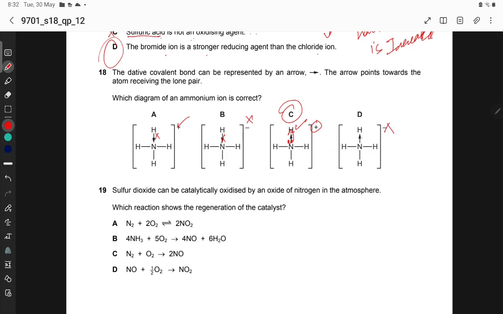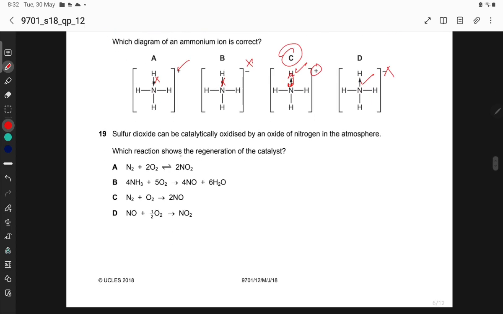This is incorrect, the arrow is correct. Sulfur dioxide can be catalytically oxidized by an oxide of nitrogen in the atmosphere. Which reaction shows the regeneration of the catalyst?